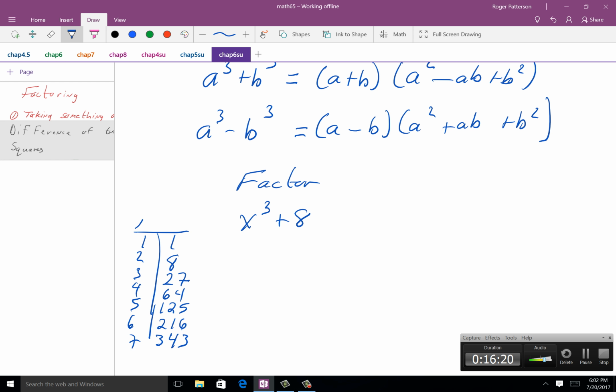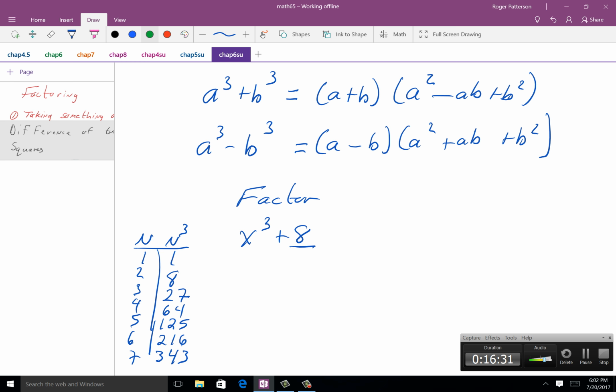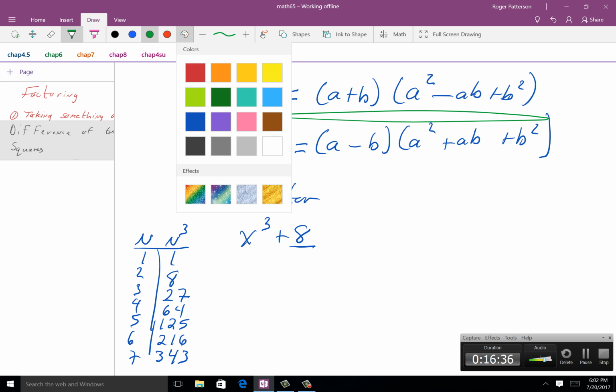So this would be like n. This would be like n cubed. So since 8 is a perfect cube, then we could use this formula up here. Alright, so we'll go ahead and do that.